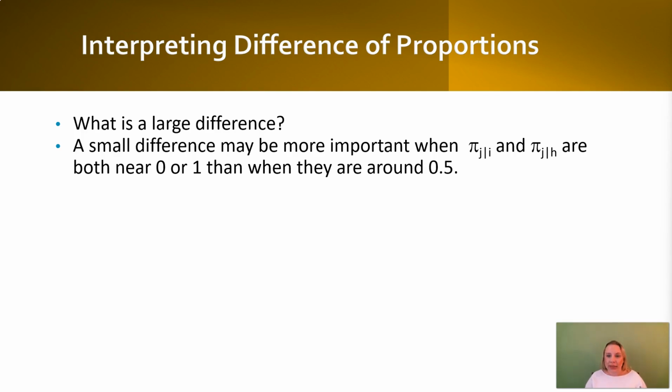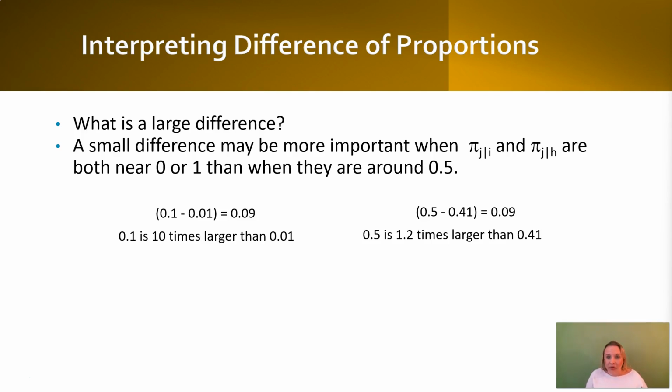So when we're interpreting the difference of proportions, we need to ask, what is a large difference? This is important in determining whether or not something is significant. A small difference may be more important when pi of j given i and pi of j given h are both near 0 or 1 than when they're around 0.5. So here we have 0.1 minus 0.001 gives me 0.09. 0.1 is 10 times larger than 0.001.